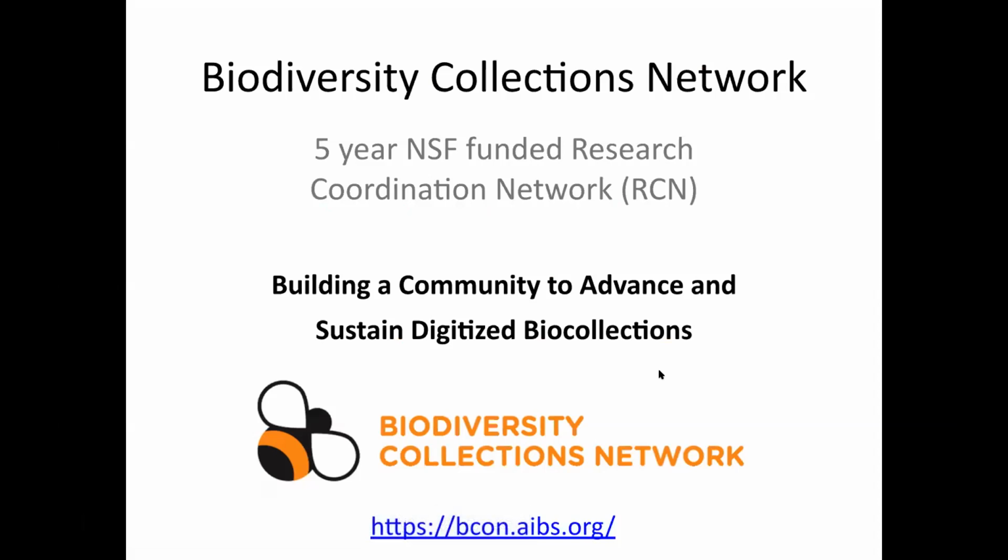So then a little while ago, there was a 5-year NSF-funded research coordination network, an RCN called the Biodiversity Collections Network, that was funded to build a community to advance and sustain digitized biocollections.